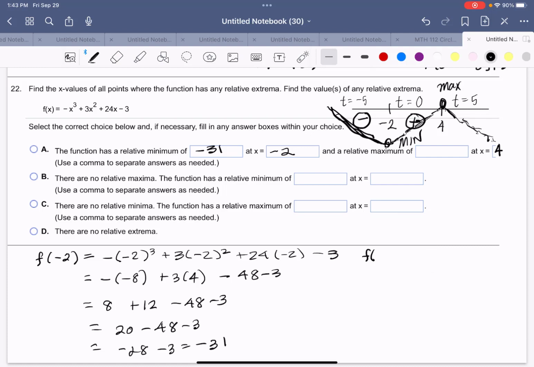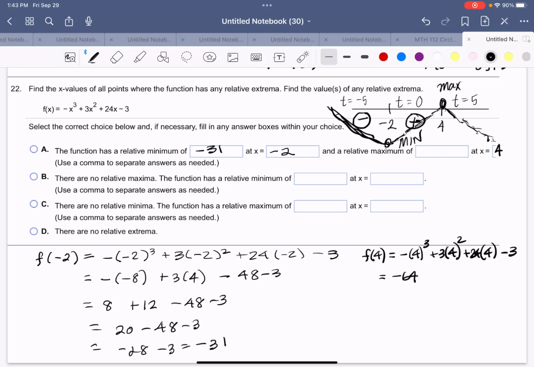So f of 4 is the opposite of 4 cubed plus 3 times 4 squared plus 24 times 4 minus 3. And you'll notice I put the parentheses here as well. I think it's just a good habit to be in. It'll save you a lot of issues with your signs.